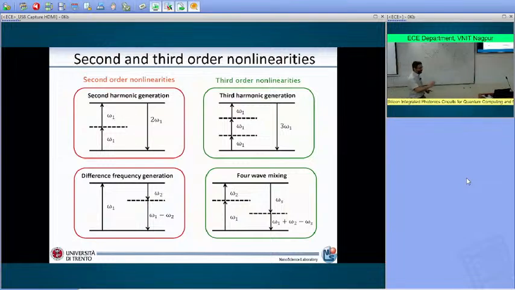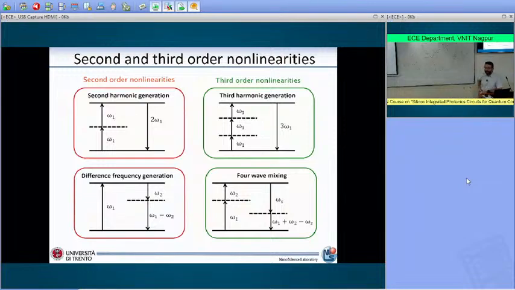This means that we have an entangled photon pair that is generated, correlated in time, because the 2 photons are generated at the very same instant, as well as in energy, because the sum of the energies of the 2 generated photons should be equal to the sum of the energies of the pump photons.